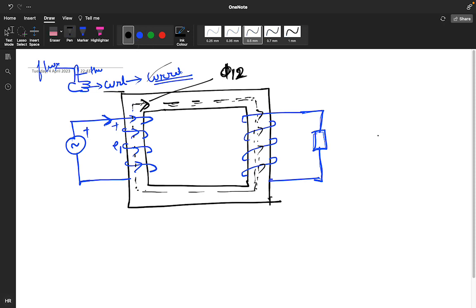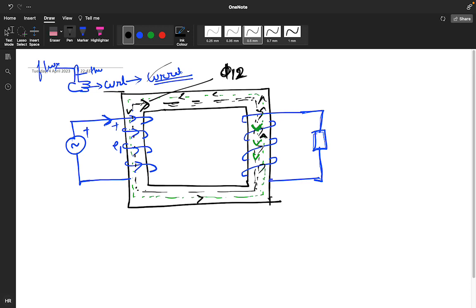Always remember, whenever you are drawing one flux, you have to draw another flux, and you have to change the direction of that particular flux.